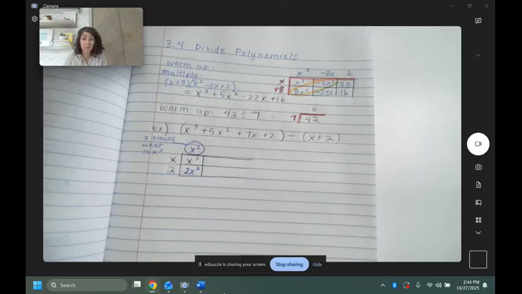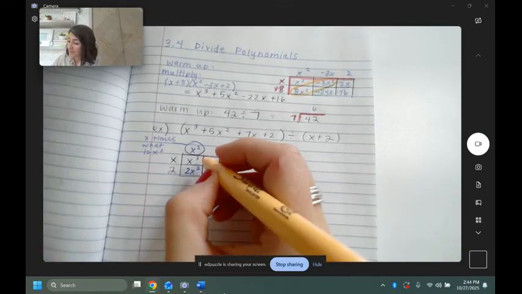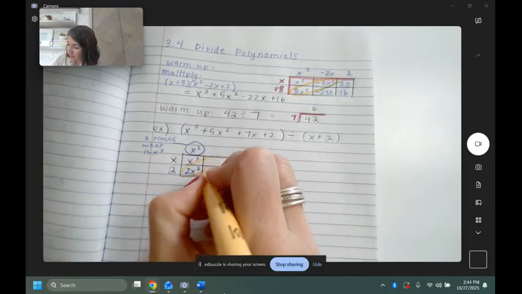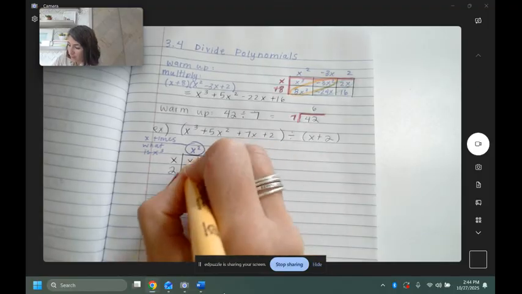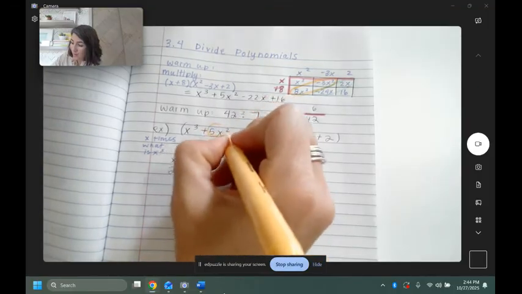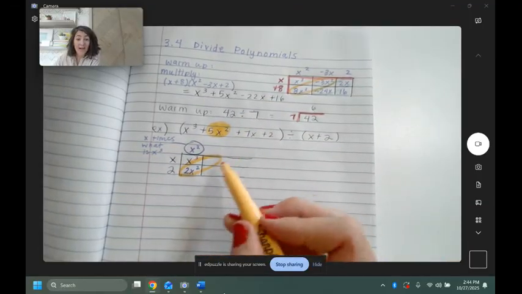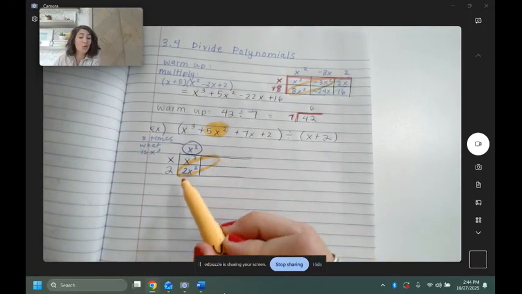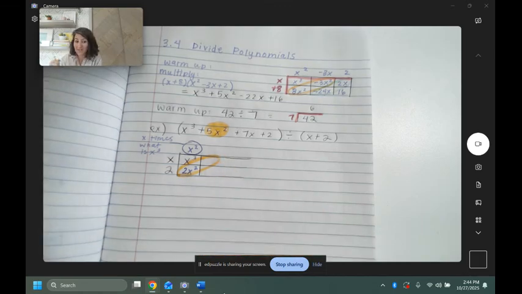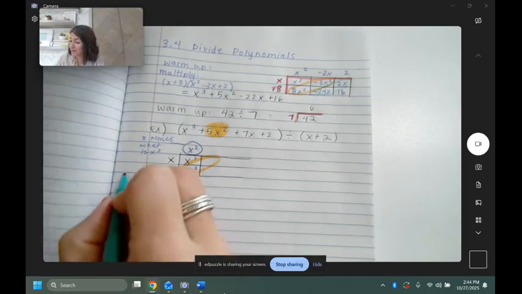Now, I know that these 2 boxes here are going to add up to my x squared term. So what I want to ask here is 2x squared plus what is 5x squared?